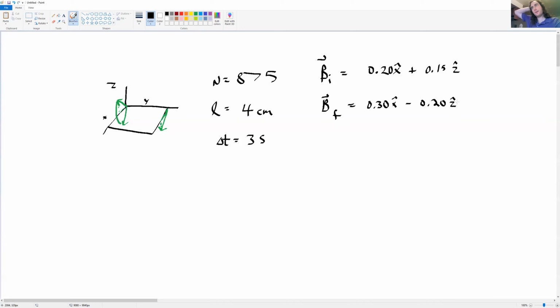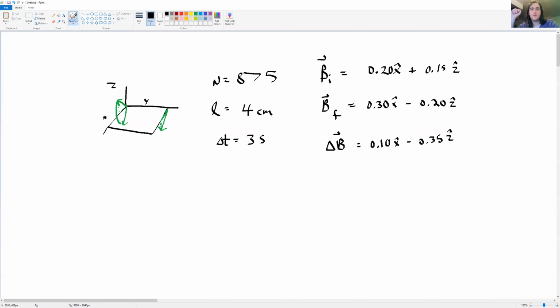Final minus initial gives us delta B: 0.10 x hat minus 0.35 z hat.